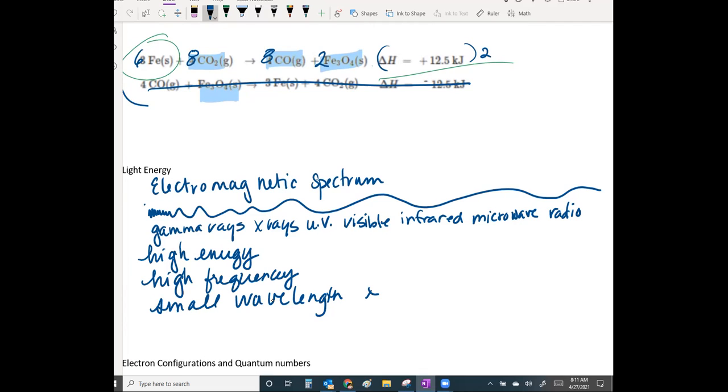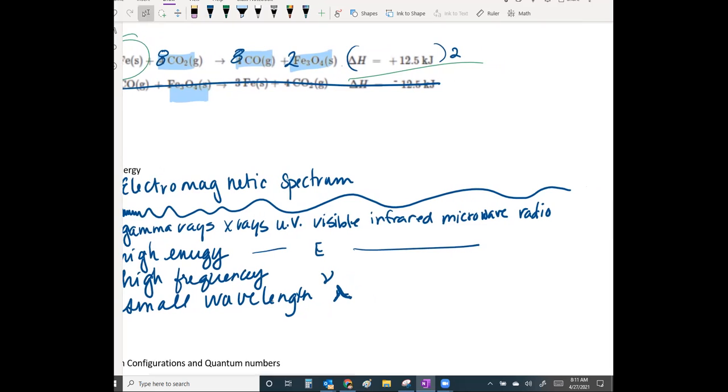And for wavelength, we use that symbol. For frequency, we use the symbol nu. This is the symbol lambda. And energy is E. On the other end of the spectrum, radio waves are low energy, low frequency, and long wavelength.